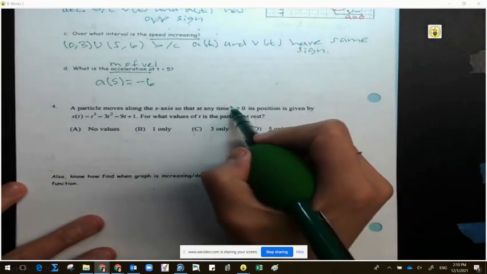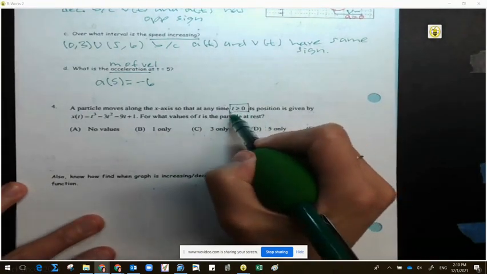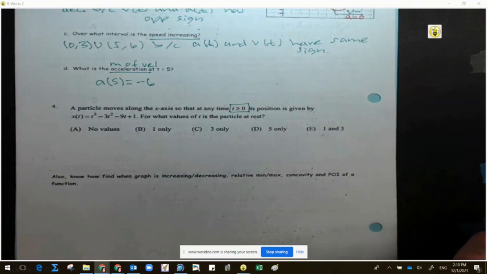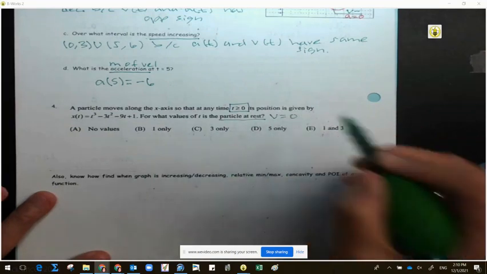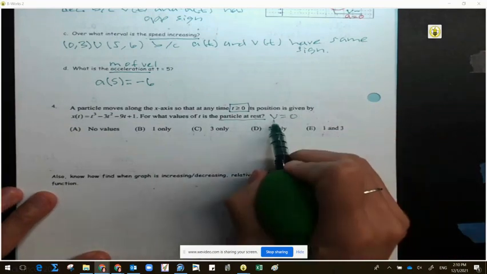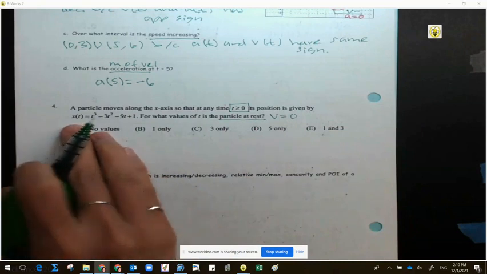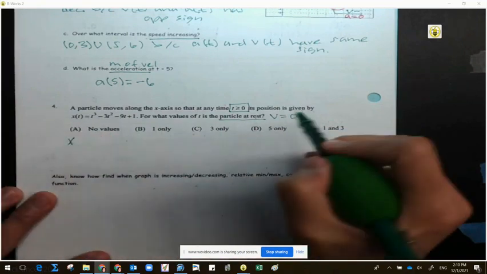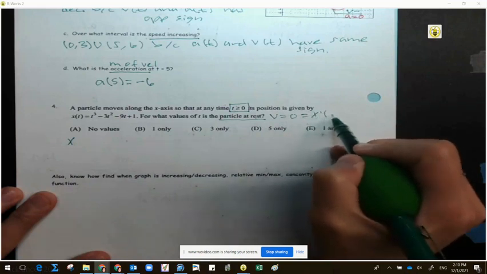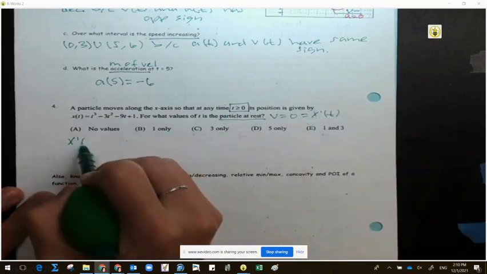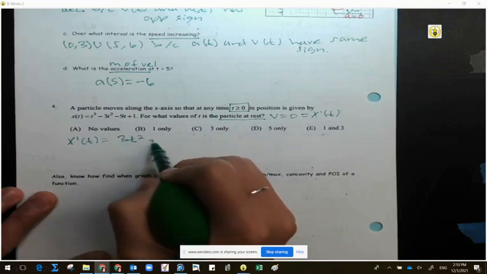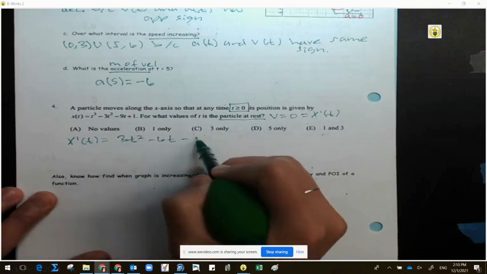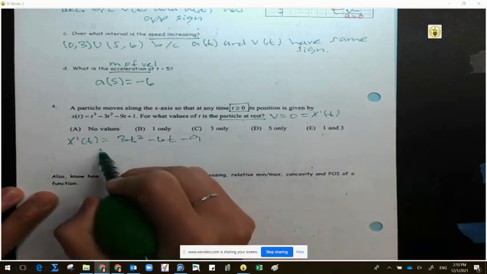Okay, let's first look at the condition. We're looking at the condition where all the t values must be greater than or equal to 0. The particle is at rest when the velocity is what? 0. And we know the velocity is a derivative of that. So I'm going to go ahead and find the derivative, x prime of t. To find the derivative, we're going to get 3t squared minus 6t minus 9 and set that equal to 0.